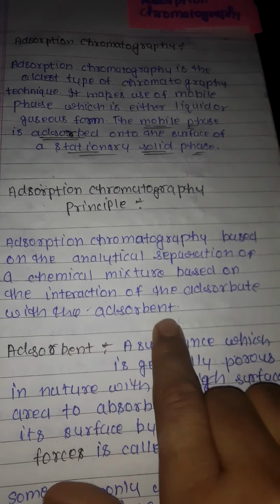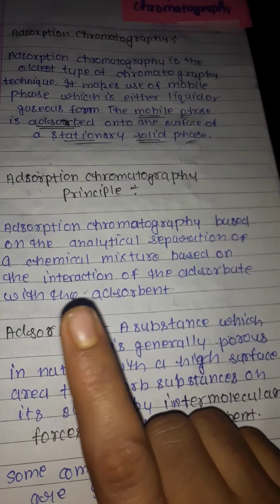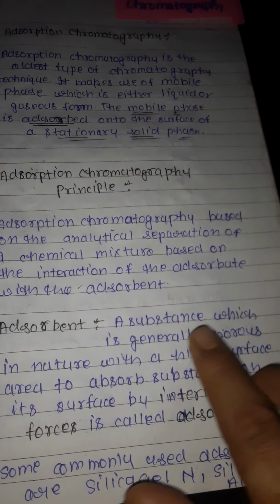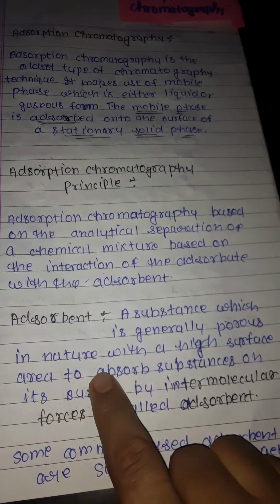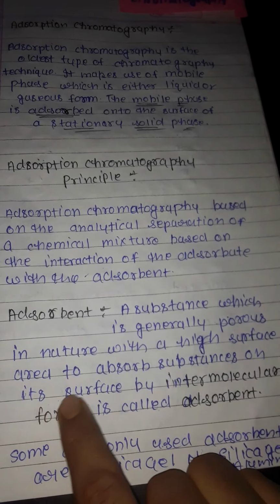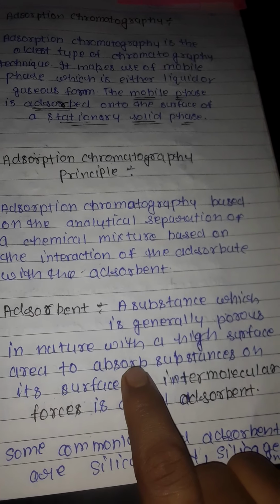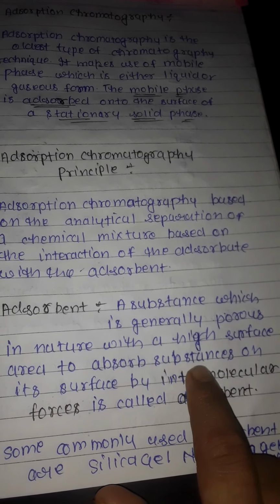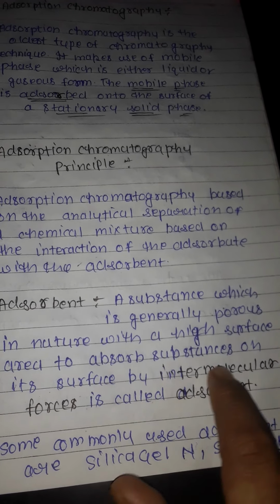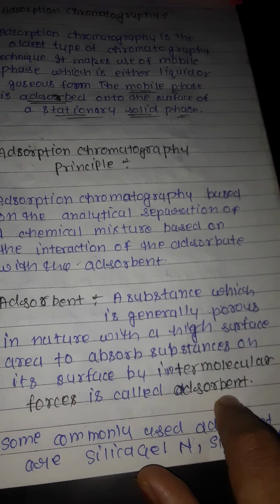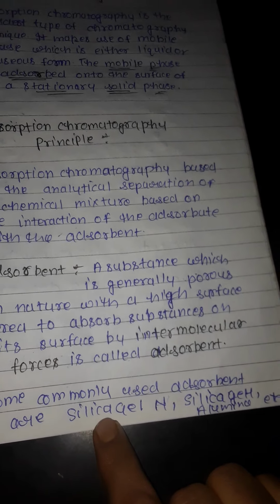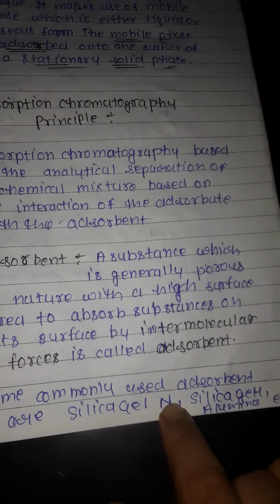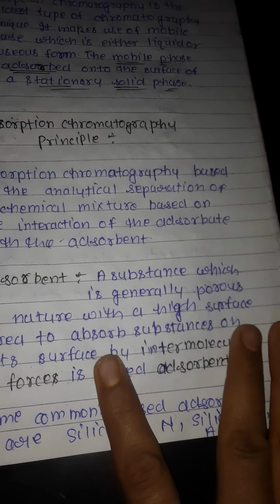So what are adsorbent and adsorbate? A substance which is generally porous in nature with a high surface area, which adsorbs substances on its surface by intermolecular forces, is called an adsorbent. Some commonly used adsorbents are silica gel N, silica gel H, alumina, etc.